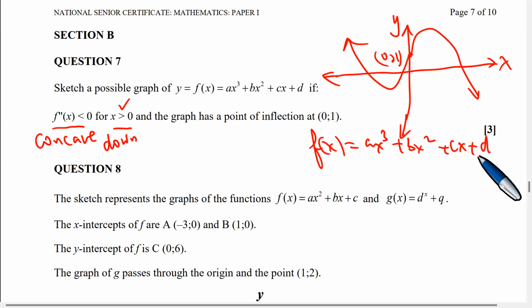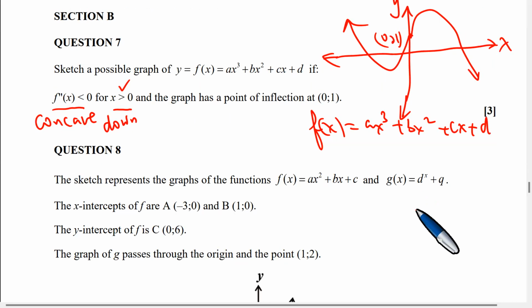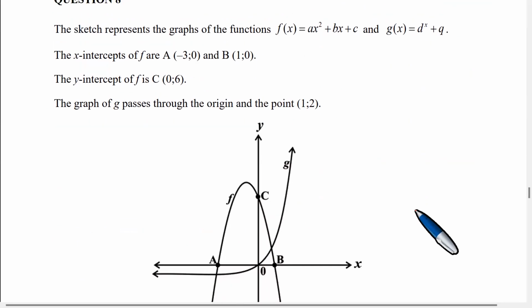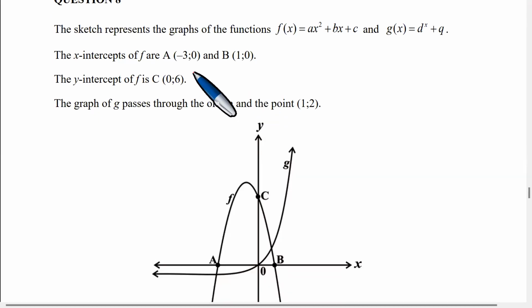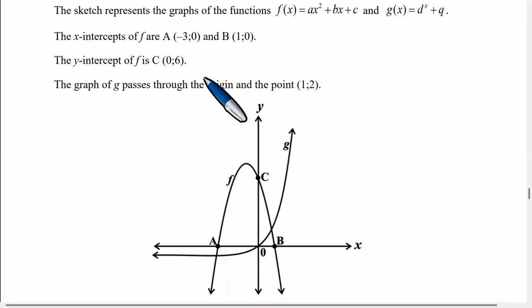The sketch represents the graphs of the functions f(x) equals ax squared plus bx plus c, and g of x equals d to the power x plus q. The x-intercepts of f are A and B. What are the coordinates of the point B?